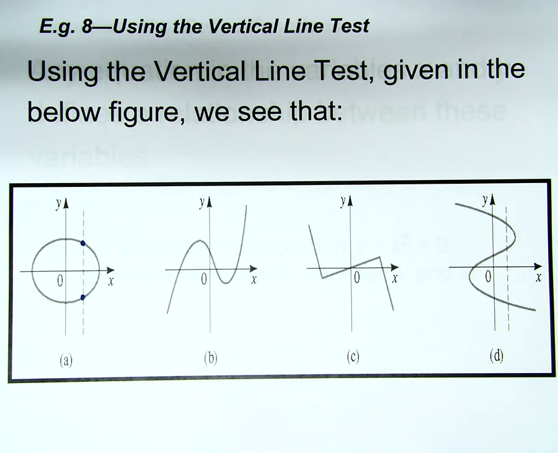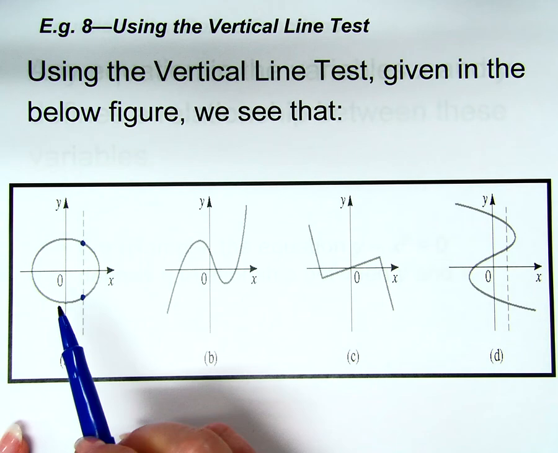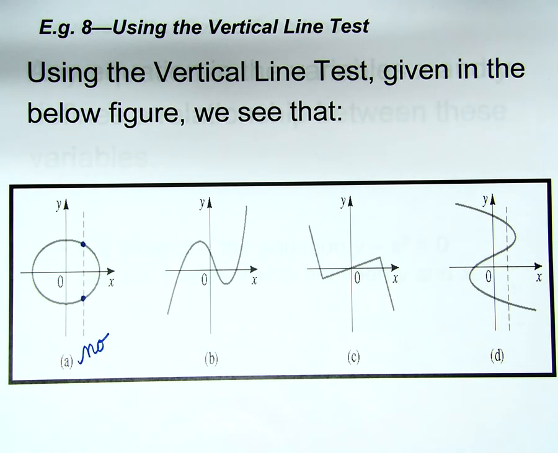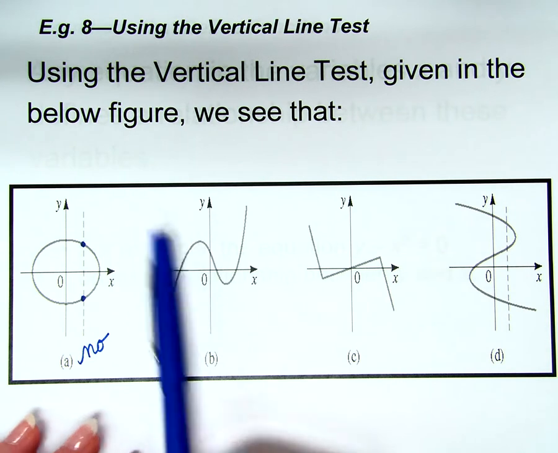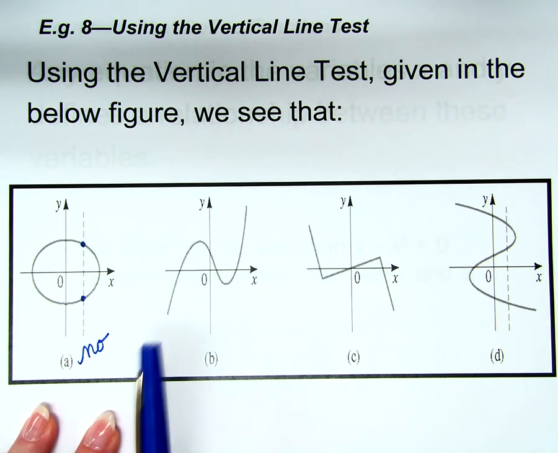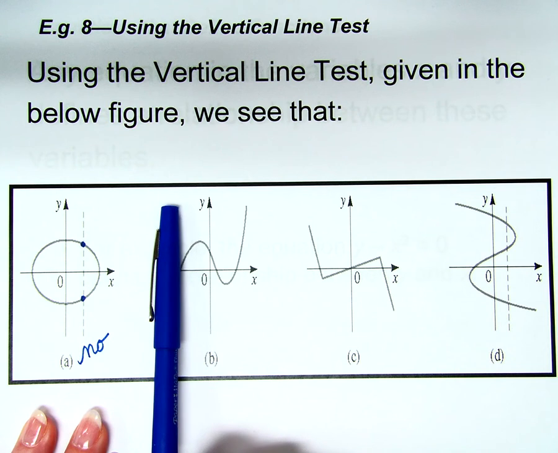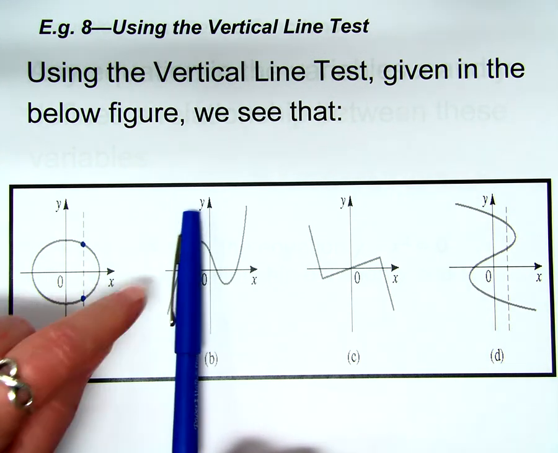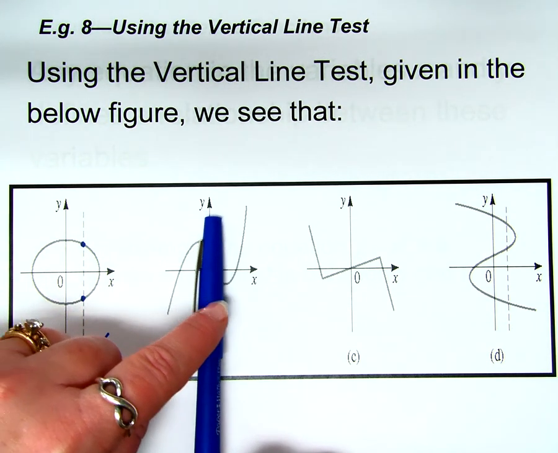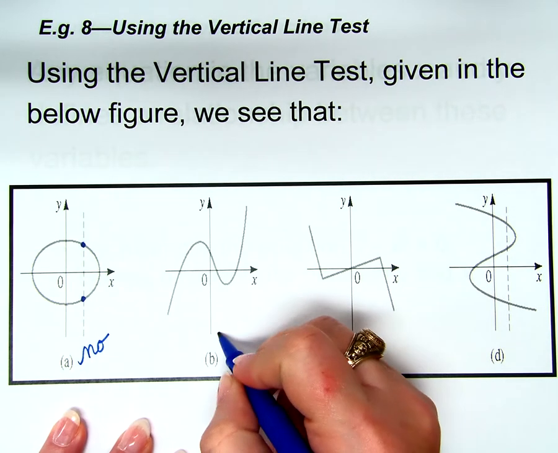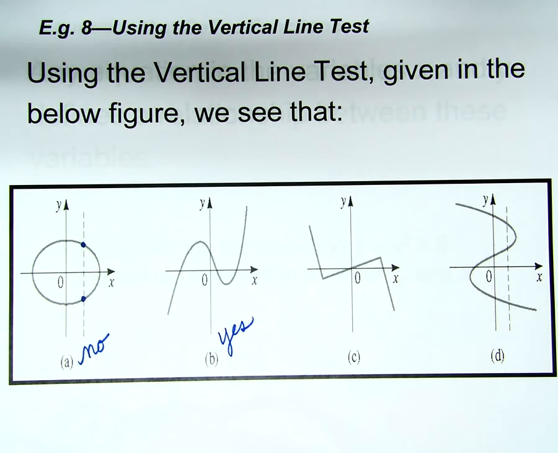It touches the function, the vertical line, at more than one place, so this is not a function. If on the second example, example B, I pull my vertical line or my pen across the page, notice as I'm pulling across the page, it's only ever touching the function in one place. So that is a function.